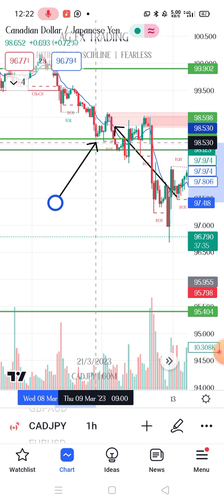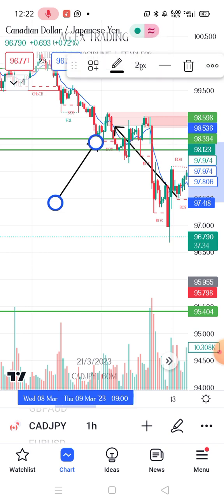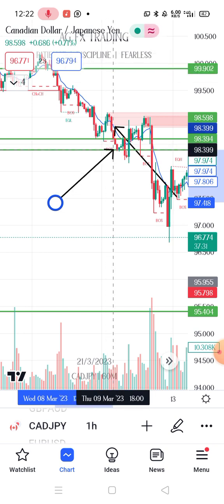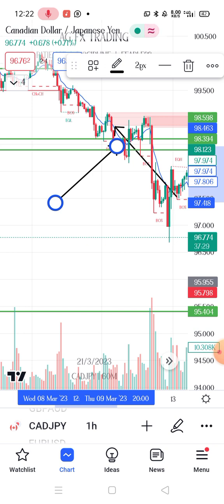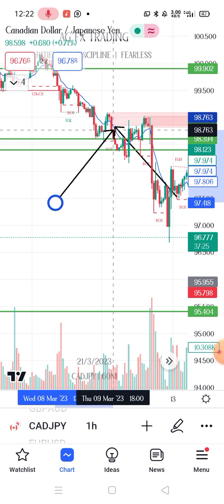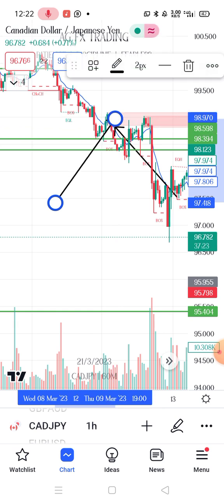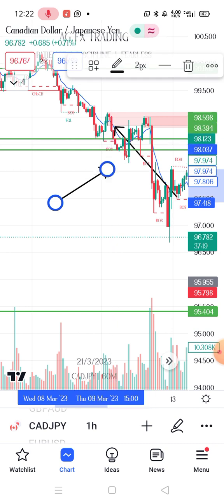This red candle here, it should break this place. When it breaks it like this, now you see it broke it. When it breaks it this way, then that corrective move you made up, you would search for a red candle there and draw your order block.